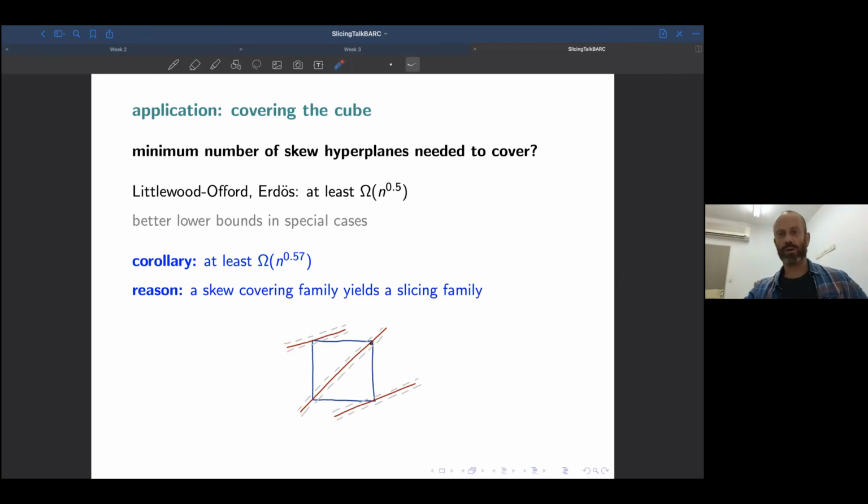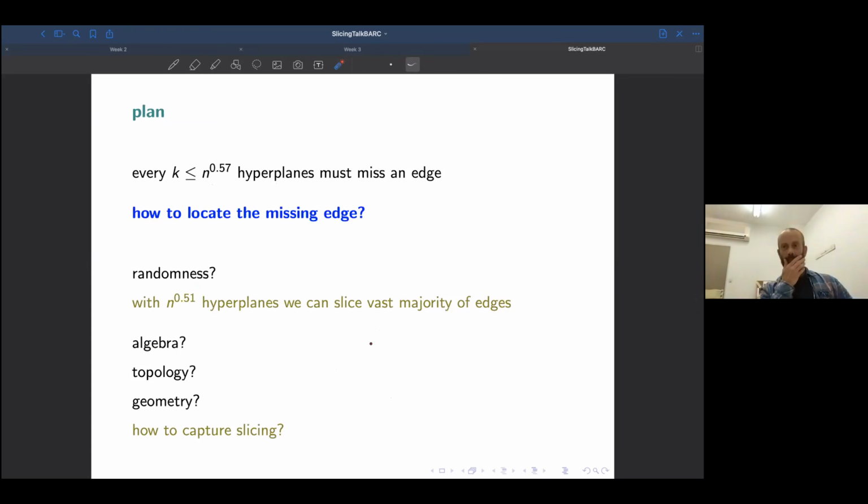And now I want to explain some of the ideas in this proof. So the plan is very, very simple. The idea is, let's assume that there are very few hyperplanes, very few, let's say this few.